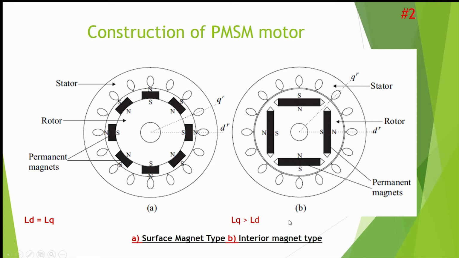For the interior permanent magnet type, you can notice here that the total effective air gap for the D axis is more compared to the Q axis. So the air gap for the D and Q axis is different, and the Q axis inductance is more than the D axis inductance.